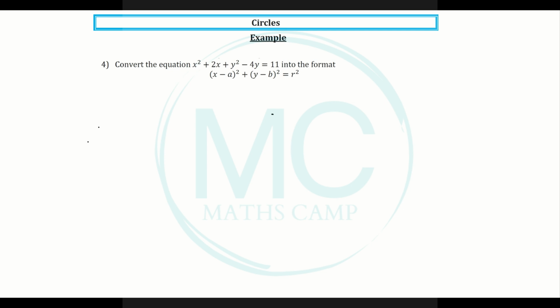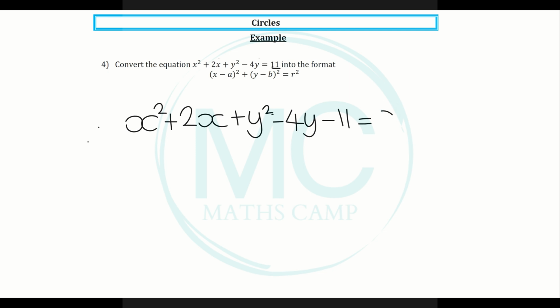Convert the equation into the format x minus a squared plus y minus b squared is equal to r squared. For our equation, the first thing I want to do is move this 11 to the left. And we have x squared plus 2x plus y squared minus 4y minus 11 is equal to 0.